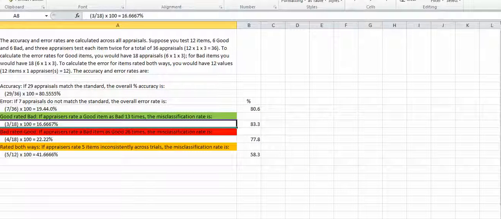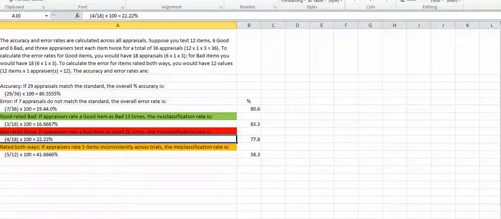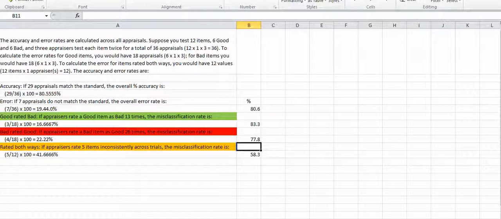So 3 divided by 18, which is our total sample for the 3 trials, you can see that number would be 16.66 good rated bad ratio, or we were 83.3% accurate. The error of bad rated as good, this would be 4 out of 18, or 22%, or accurate would be 77.8.